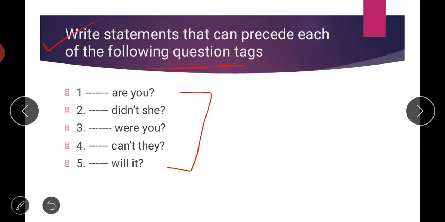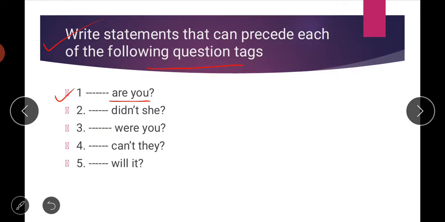You can form any of your statement, but you have to be careful that that statement must be justifiable with this tag, with the given tag. So first is are you. So are you is given, which means the tag is a positive tag, so we have to form a negative statement first of all.